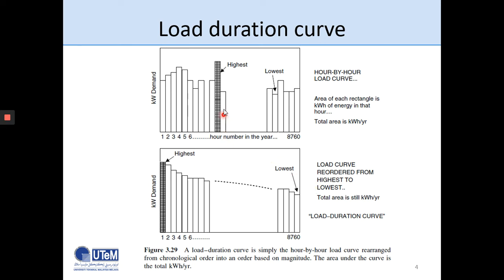So we rearrange. The highest one we put on the most left side, like this one. And then we arrange the next highest, the second highest, the third highest, and so on until it reaches the lowest value. Now, why do we do this?